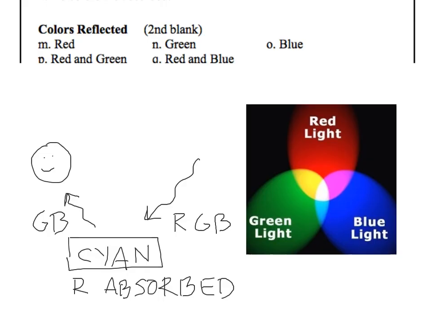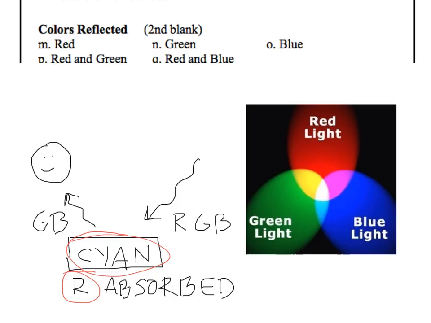So you'll notice they call these complementary colors. So all of the colors that are absorbed, for example, R in this case, we say whatever's left over after the white light is hit and the red has been absorbed, what's left over, cyan, is considered the complementary color to red.